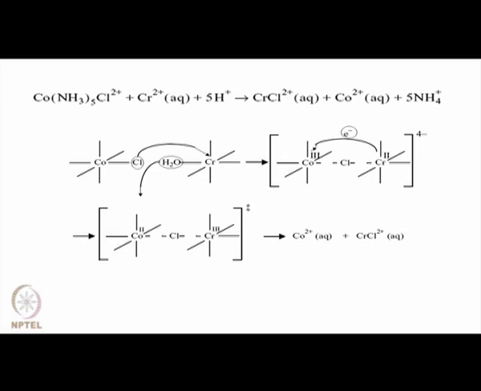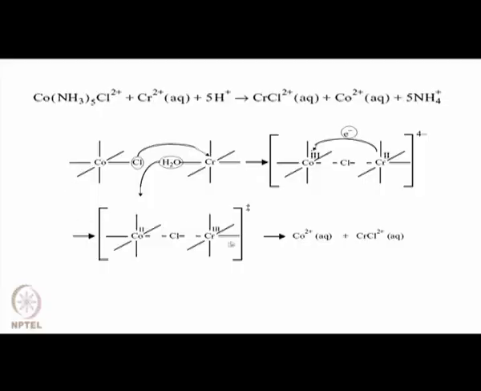So now it is a good time for them to transfer an electron, because they are in close proximity. In some cases solvent mediated electron transfer may happen, but probability wise that is less. The more probable route is that when these interacting entities are made to come close to each other, the electron transfer is rather facile. So facile electron transfer from here to here is happening because of such bridging interaction.